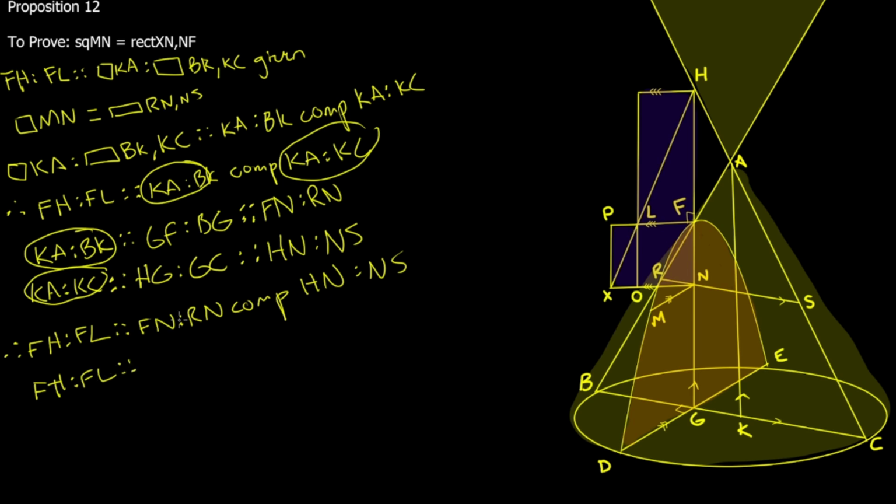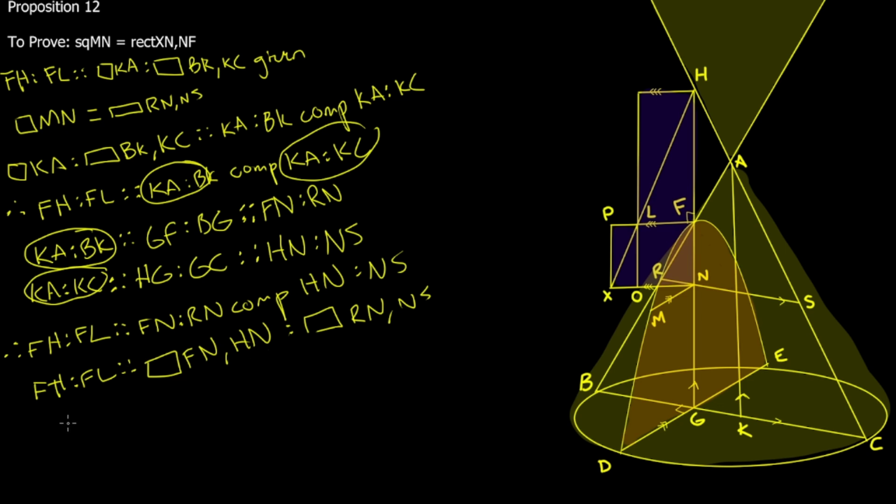And then this would be FN times HN, which would be the rectangle FN HN, and then RN times NS would be the rectangle RN NS. And again, if you want to see more about compounded ratios and figures, I went over that briefly in the last video.